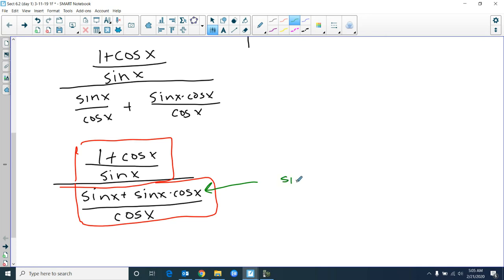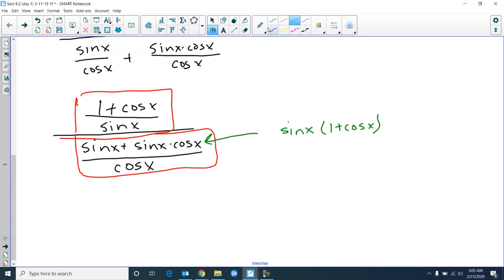I'm going to factor out the sine of x, and that's going to give me 1 plus cosine of x for that particular denominator. And when I keep the top one, it's going to be 1 plus cosine of x over sine of x.